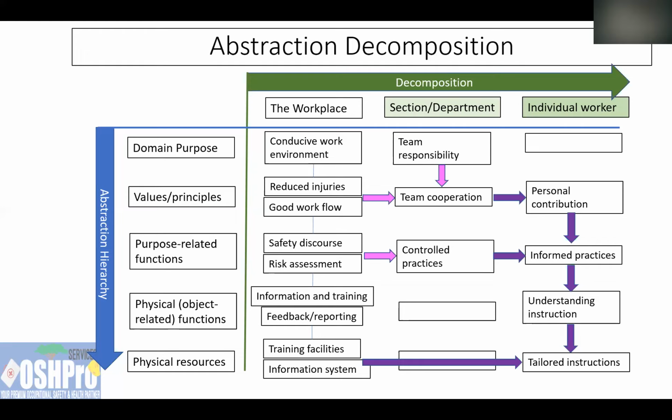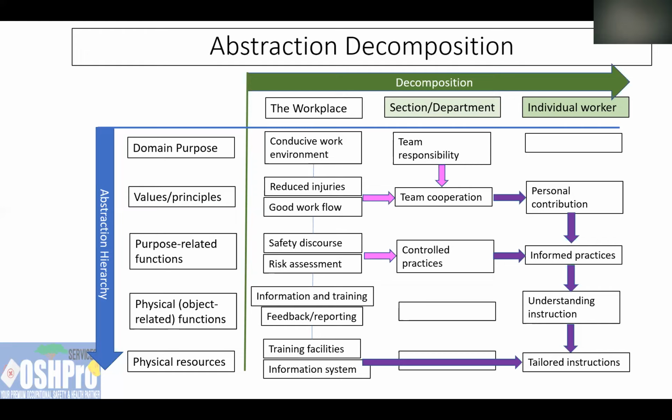So it's a lot of mental picture of what you have to do and how far you have to go. So whenever there's an issue in a workplace and somebody says the first thing you do is risk assessment, risk assessment is good, but if we look at it in this way, risk assessment will come under purpose-related function.